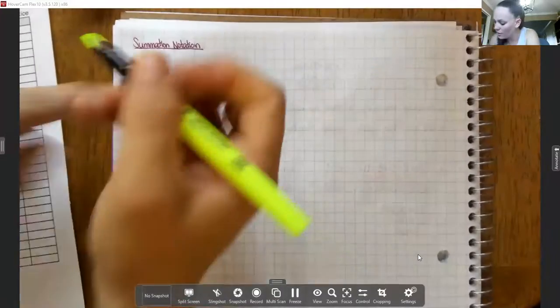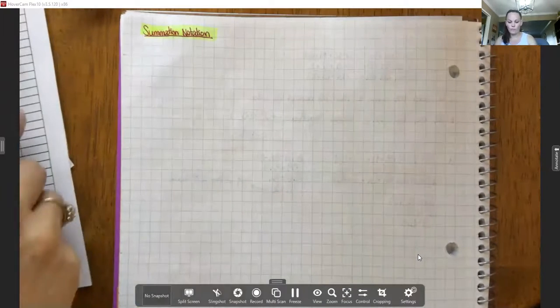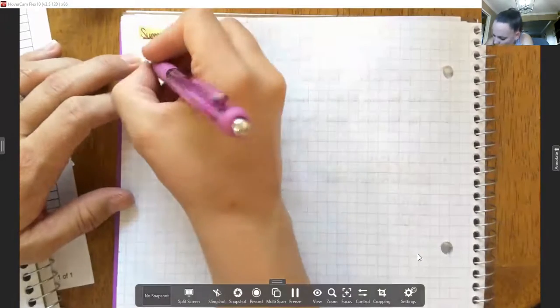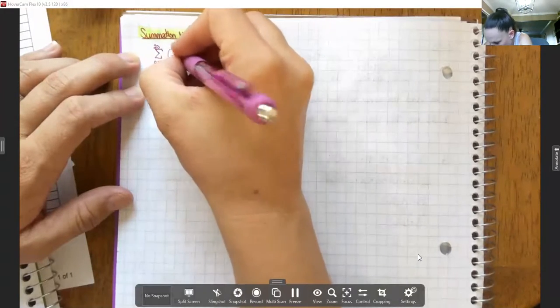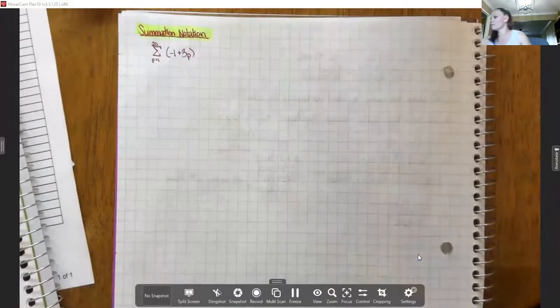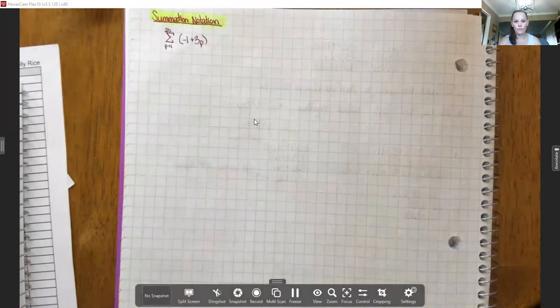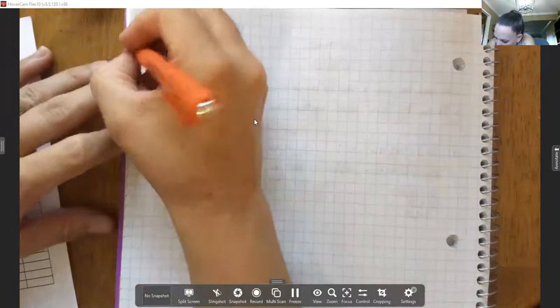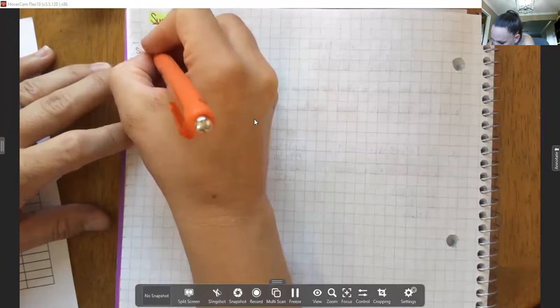So summation notation. This symbol is sigma, which means find the sum.